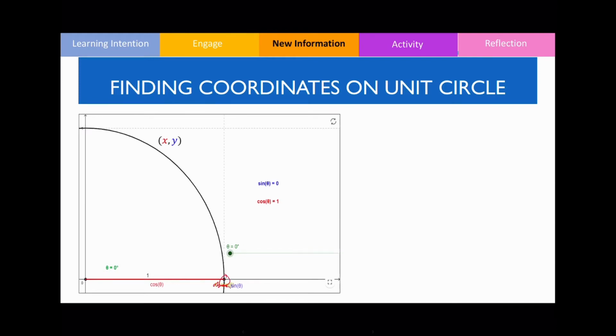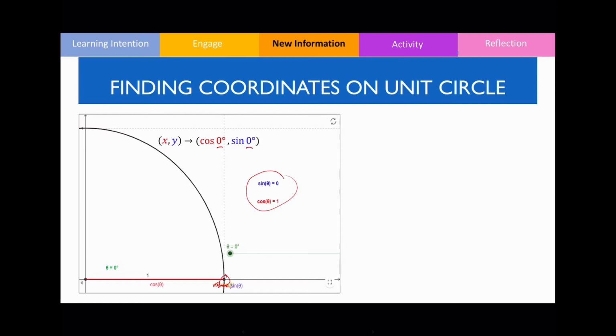Don't worry about what this yellow text is. It tells you what the answer is, but I'm going to show you how I arrived at the answer, okay? Remember the main thing to understand is that the x value of the unit circle corresponds to cosine, and the y value corresponds to sine theta. Because theta is equal to 0, that's why I've included 0 over here, okay?